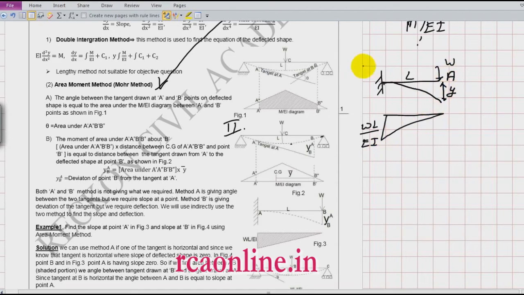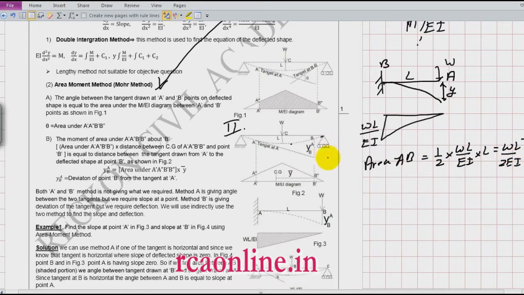I will find the area between AB. So area AB is half WL over EI into L, which is WL square over 2EI.